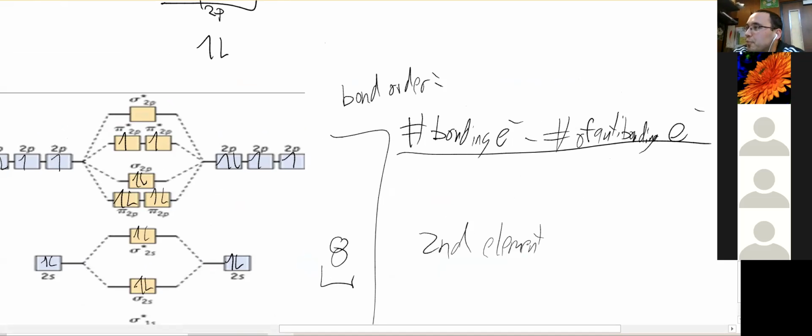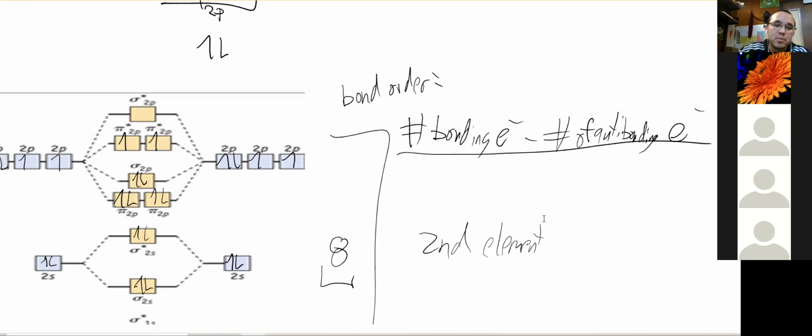Do you guys remember? So we have our number of bonding electrons minus the number of anti-bonding electrons. If we're trying to find the bond order, what's the second part? Don't you divide it all by 2? We just need to divide it by 2.